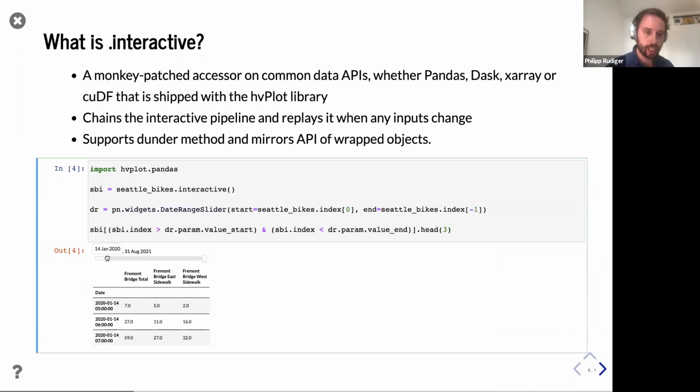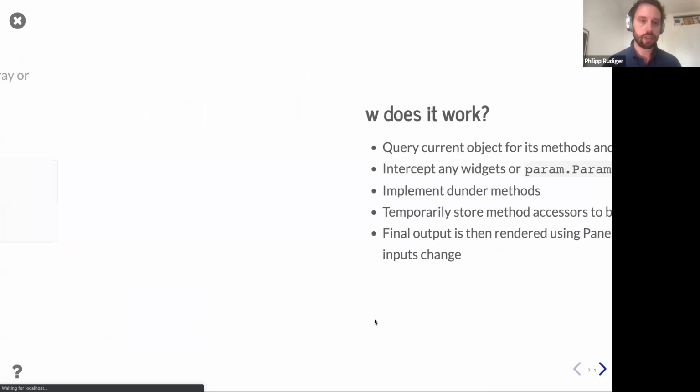And so now when I drag this slider here, we can see the output below update in response to the dragging of the widget. So in this way, we built a very simple interactive pipeline, right? It's basically just 2 steps: filter, and then call .head. So we can see the first 3 rows. Very simple, but it gets the point across, right?